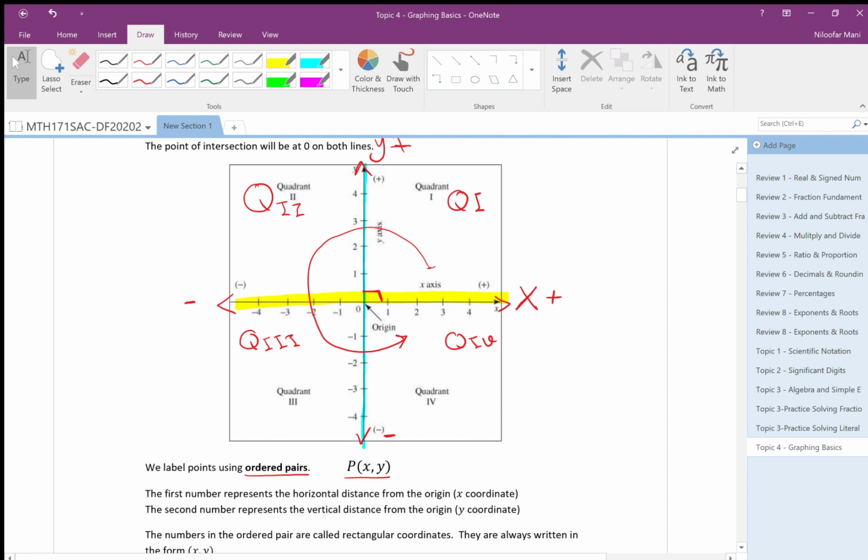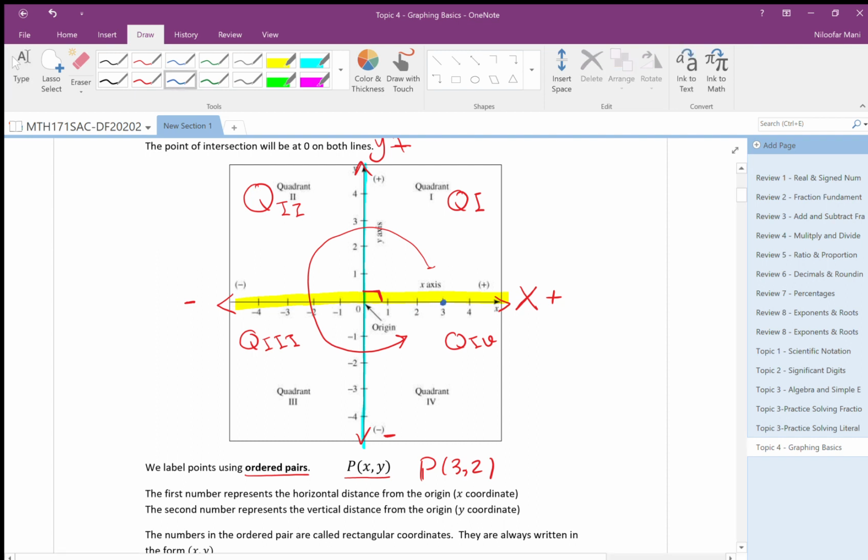If I have P, for example, 3 and 2, in order to find the point, I have to find 3, which is positive, on the x-axis. For positive I go to the right. So I find the x-axis, this is the x-axis, the yellow one, and because it's positive 3, I find this 1, 2, 3.